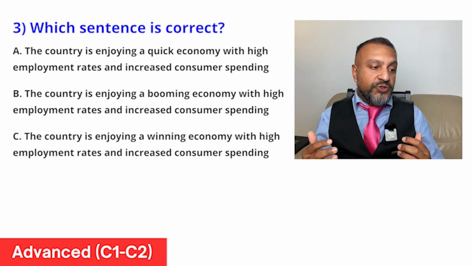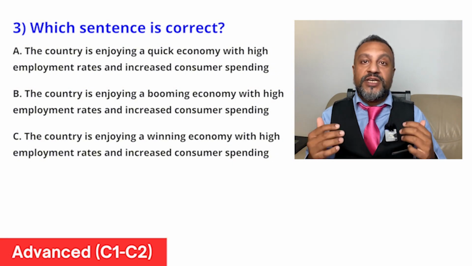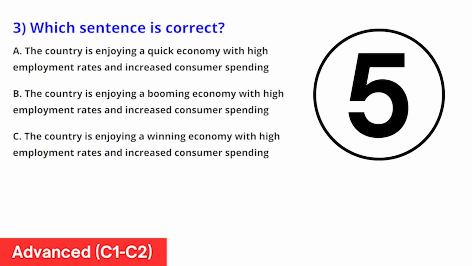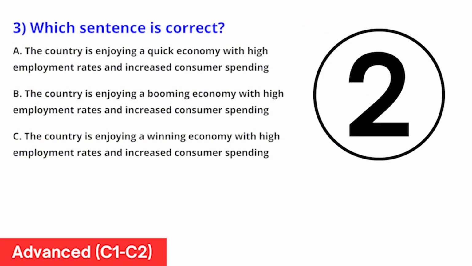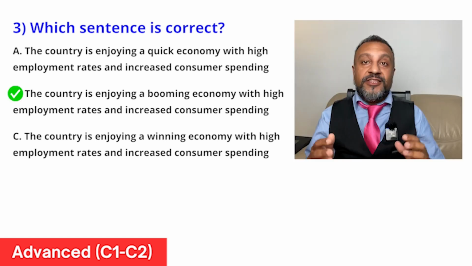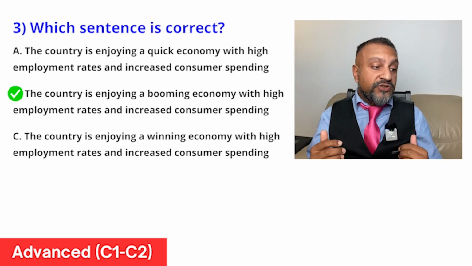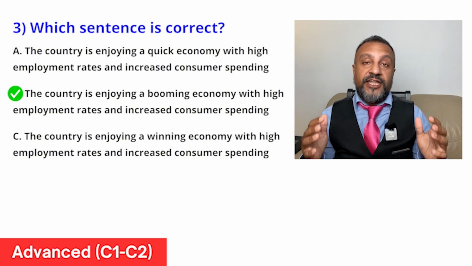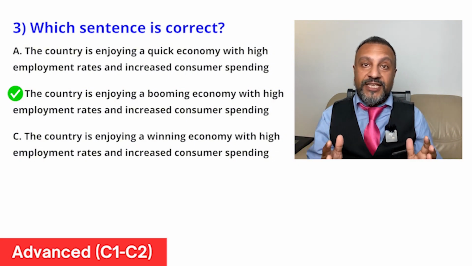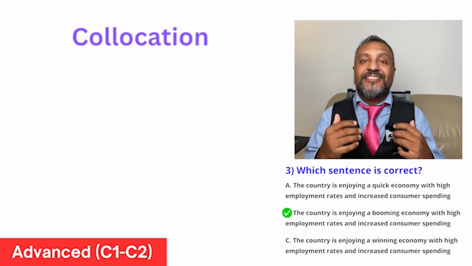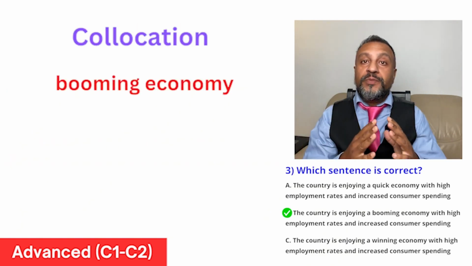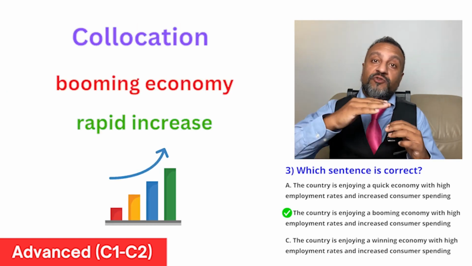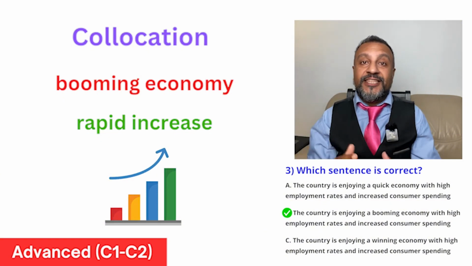The country is enjoying a winning economy with high employment rates and increased consumer spending. The correct answer is the country is enjoying a booming economy. But why? This is a collocation. Booming economy means a rapid increase in the economy.